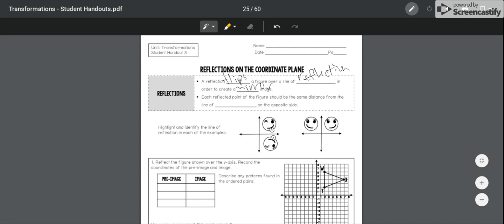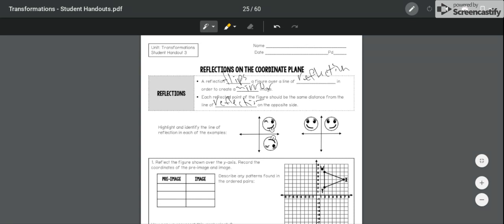And remember, after you do that, you should pause the video and reread that and think about what that just said. So each reflected point of the figure should be the same distance from that line of reflection on the opposite side. So we're going to deal with the lines of reflection with the X and Y axis.